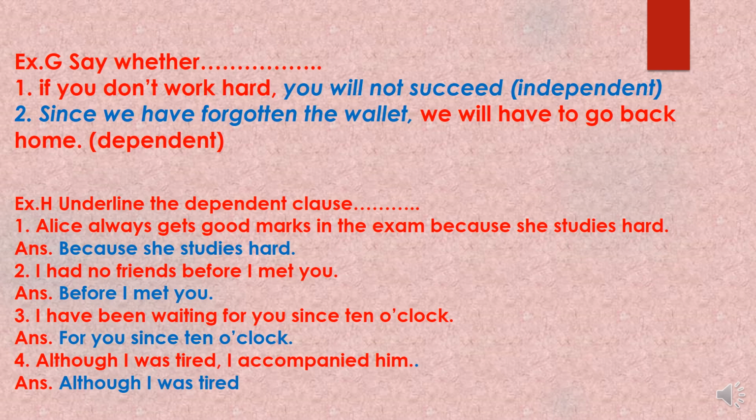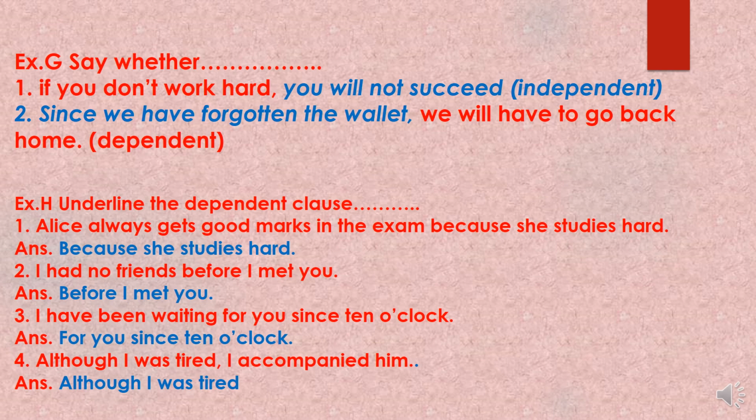Because it can stand alone as a sentence and it doesn't need the first part. You will not succeed. You can say it alone as a sentence, but the first part, if you don't work hard, is dependent because it needs the rest of the sentence to complete the meaning. The words in italics are an independent clause.